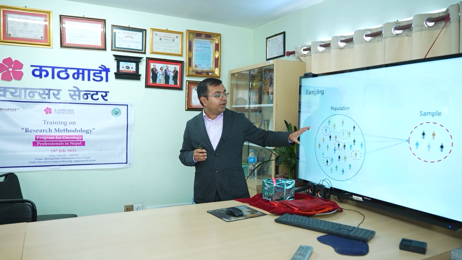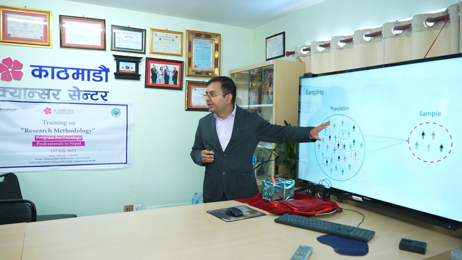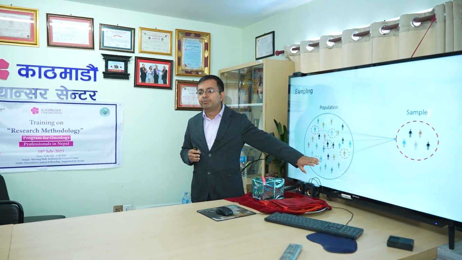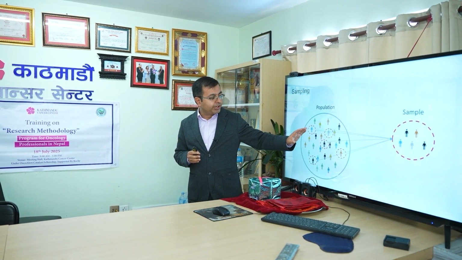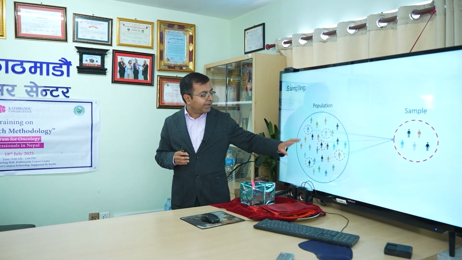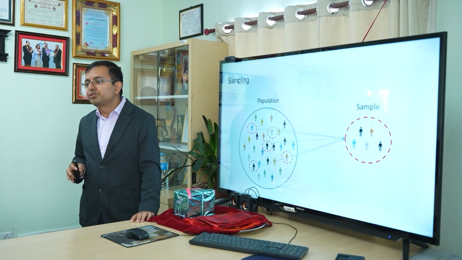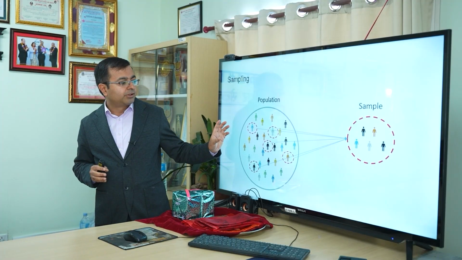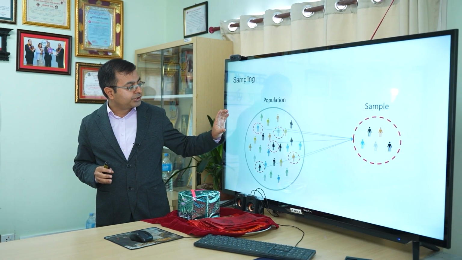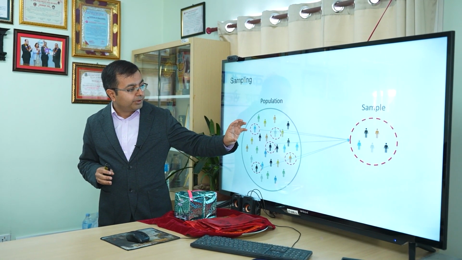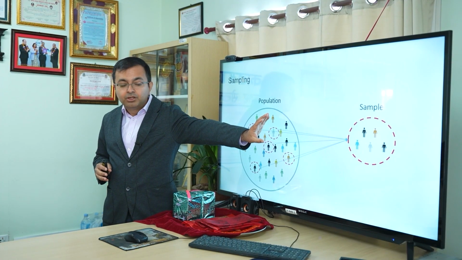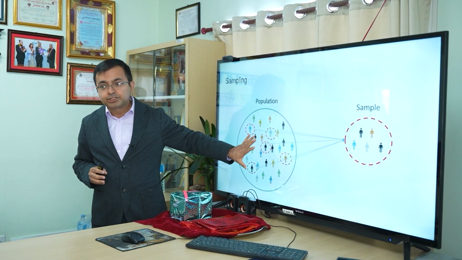But doing any study in the whole population will be very expensive, and may not be practical or feasible. And if you see, they are of different colors, like in a population, it is a heterogeneous group. So what research usually does is select a small subset of people who are going to represent this population.